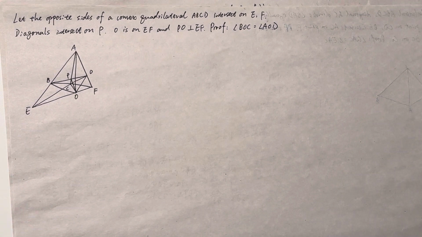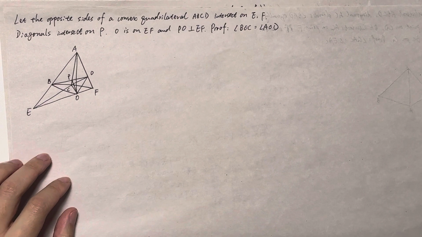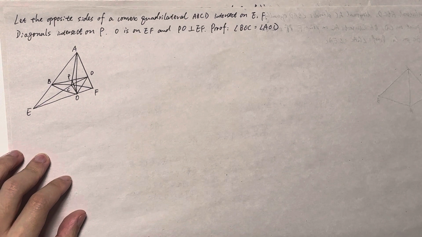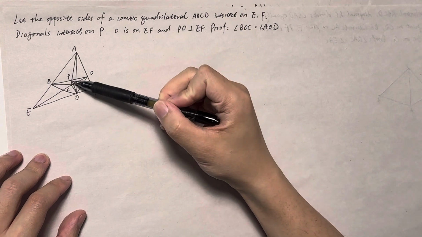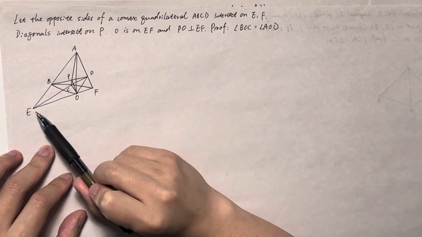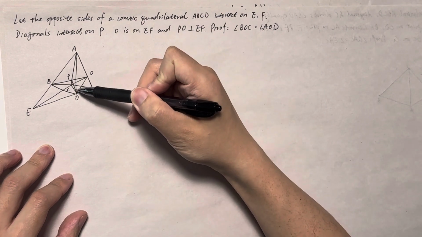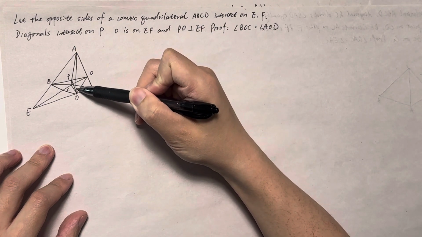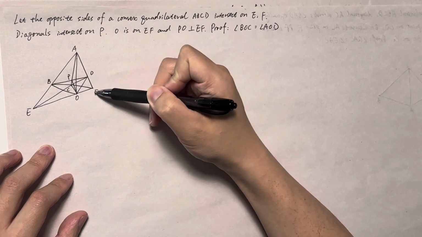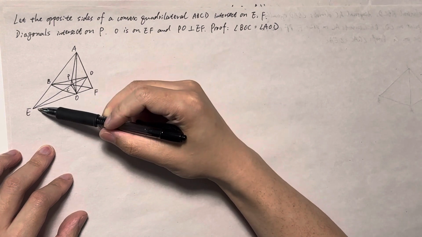This problem is much harder than the problems we saw in previous videos. So how can we solve this one? We know that PO is perpendicular to EF, which means we already have a 90-degree right angle here, that's POF or POE.